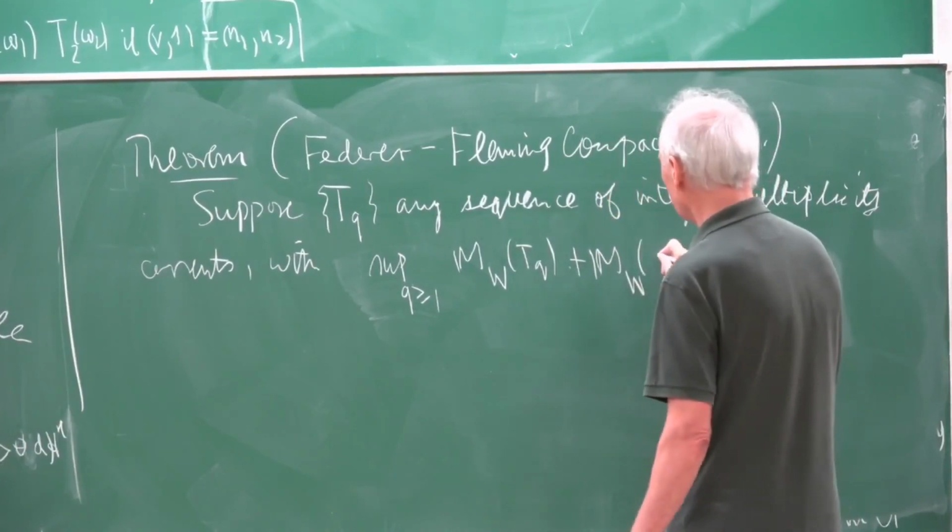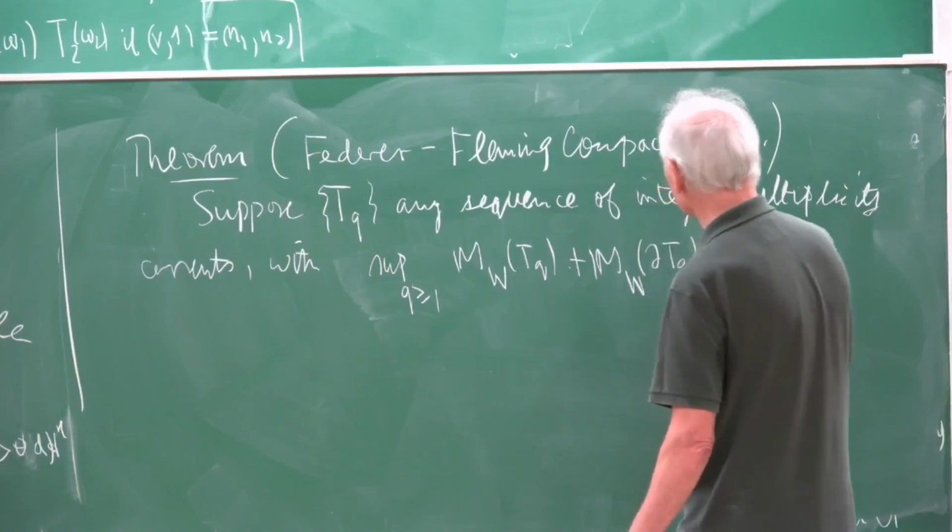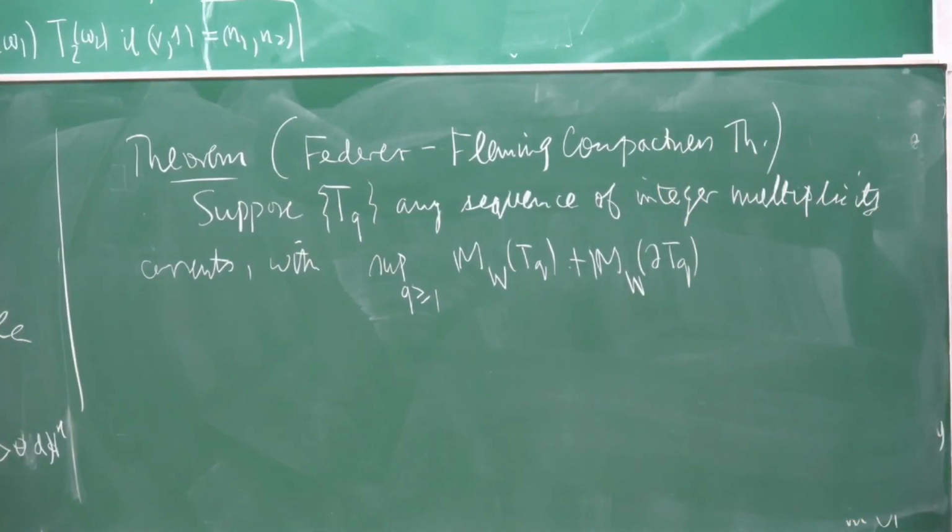So you need to assume both the mass of the currents and the mass of their boundaries are locally finite.